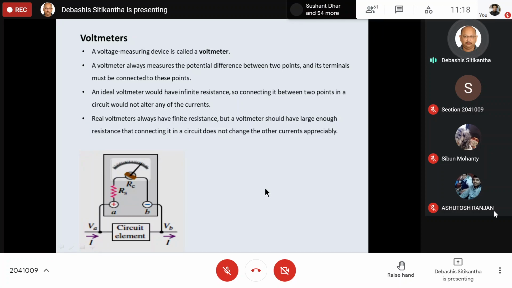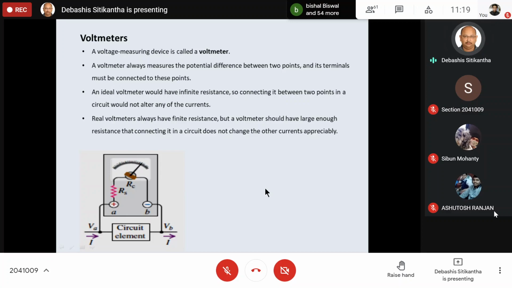A voltmeter is always connected in parallel across the circuit element. Ideally, an ideal voltmeter must have infinite resistance, but the truth is that it is never so. Real voltmeters do have some very high resistance, but of course it is not infinite.